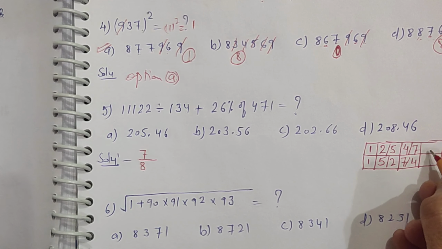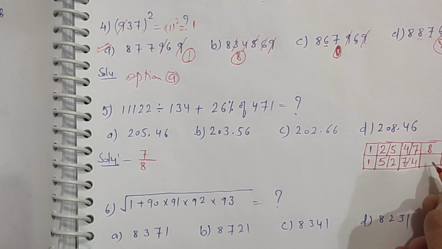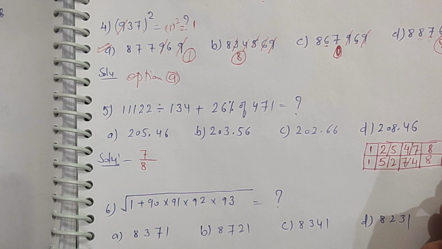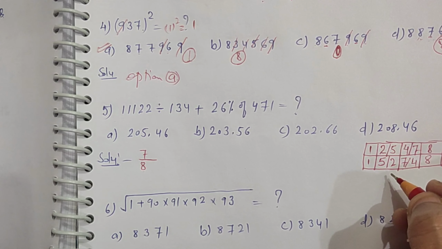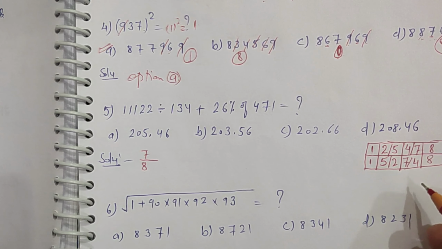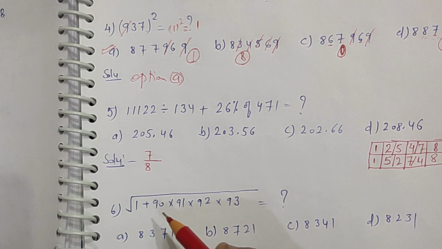And if there is 8, then you can choose to multiply with 8. Why? Because 8 into 8 is 64, right? And 64 means 6 plus 4 is 10. So it will be 1 only. Or you can multiply with any other number also, but these are the smallest numbers by which you can get 1 in the denominator.